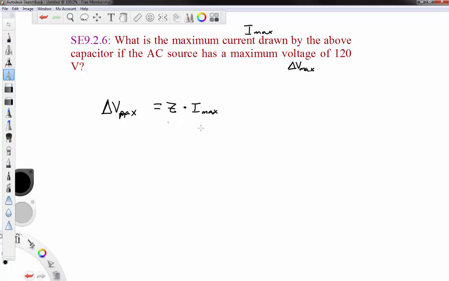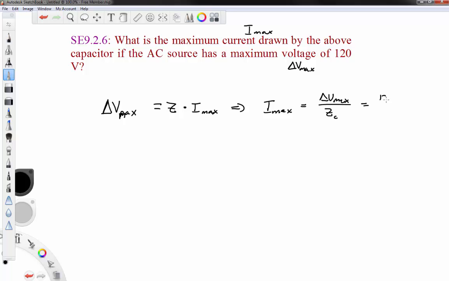So if we want to figure out what the maximum current is, we need to divide the maximum voltage by the impedance. So we would use I max equals delta V max over Z.